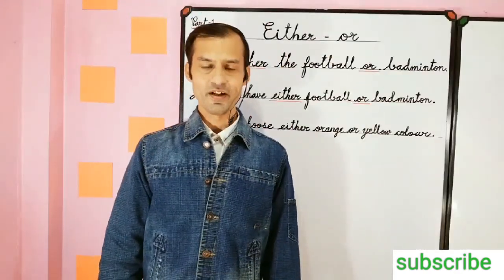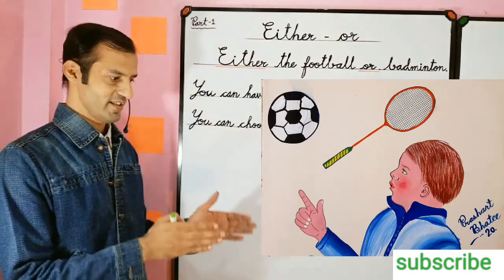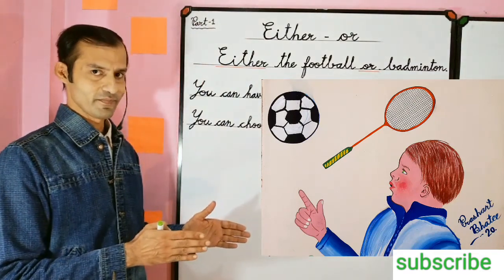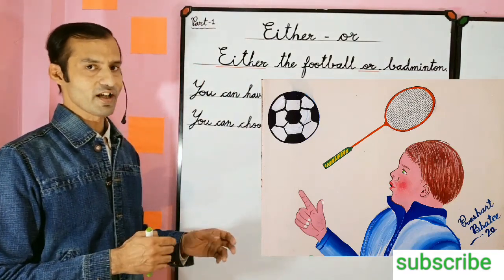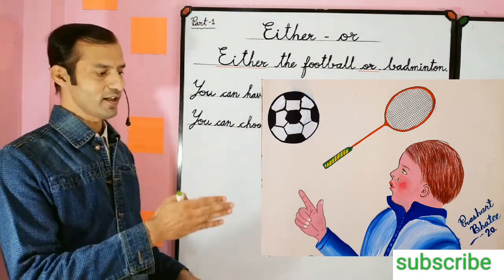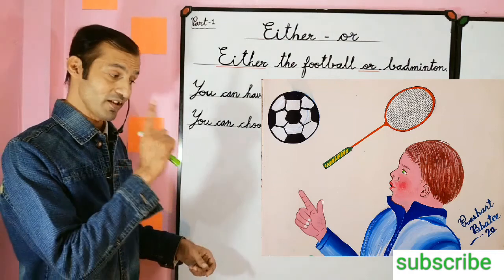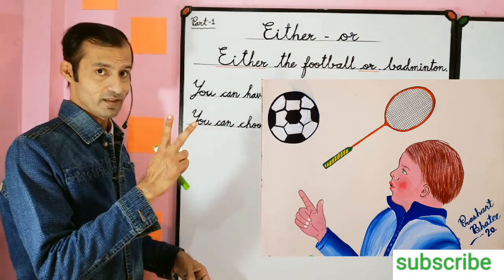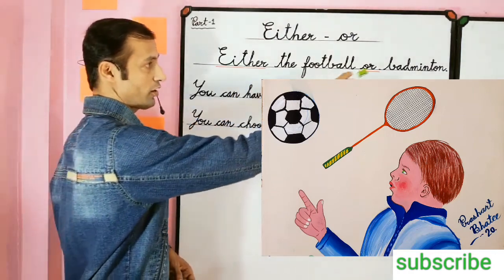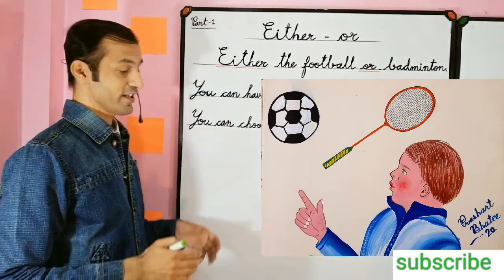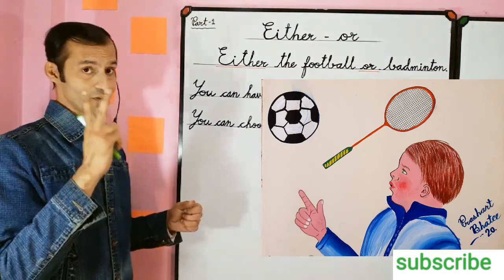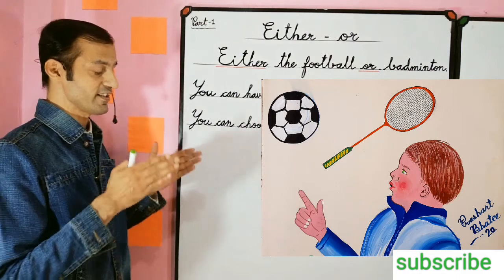And here we see one child insisting on both things. He says to me, I want to have both things, football and badminton. Then I say to him that I'll give you only one thing between the two, either the football or badminton. So you can choose one thing between the two things. It's your choice, it's your desire.